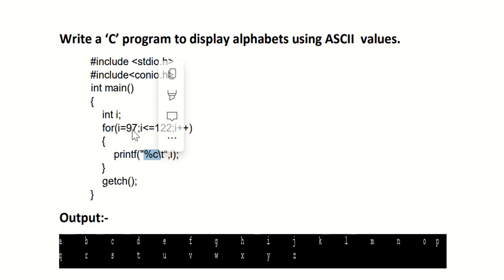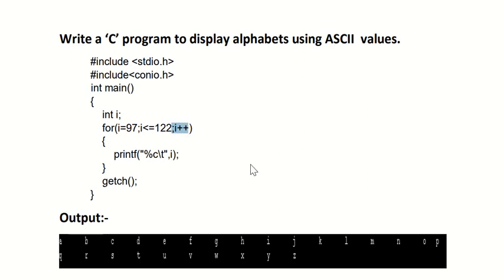Here we want to print the character. As per the ASCII table, we want to print the character at 97, and for that purpose we are using printf %c and then i. So it will not print 97, it will print A. Then the closing bracket of the for loop, which means you have to come to this point, i++.